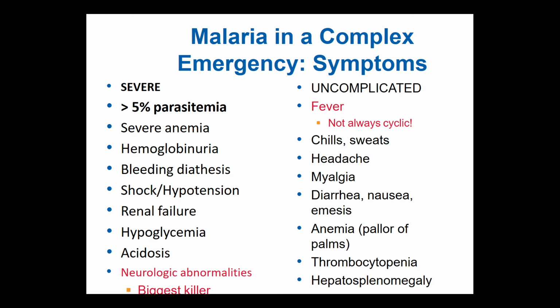Hypoglycemia may be, acidosis, and a complication such as neurologic abnormalities, which is malarial coma. It's the biggest killer, the most frequent cause of death in malaria. And of course, this malarial coma happens only in tropical malaria.